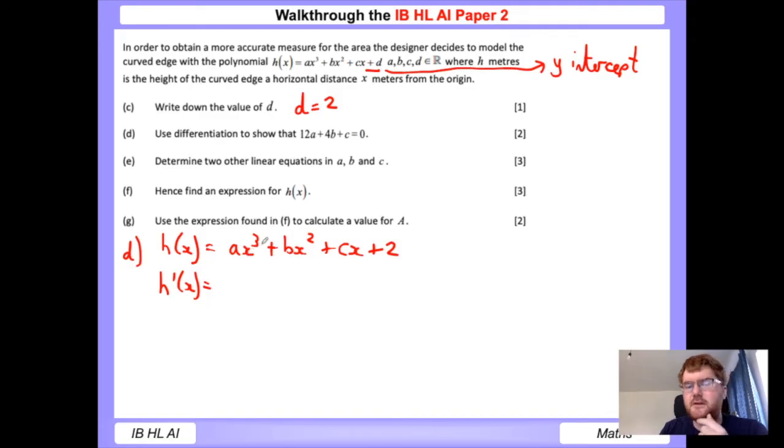Remember when we differentiate, we bring the 3 to the front, and then we reduce the index by 1, and then we bring the 2 to the front, reduce the index by 1. If we differentiate this, the x disappears and we're left with c, and if we differentiate a number, that differentiates to 0. Okay, but this is not exactly this, so we need to think there's another bit of information.